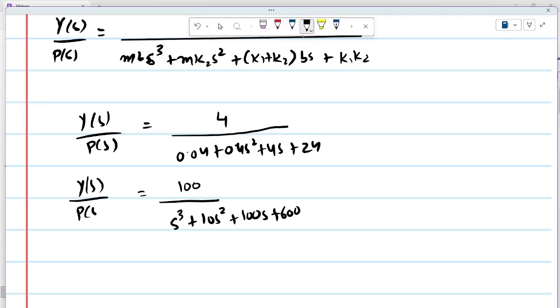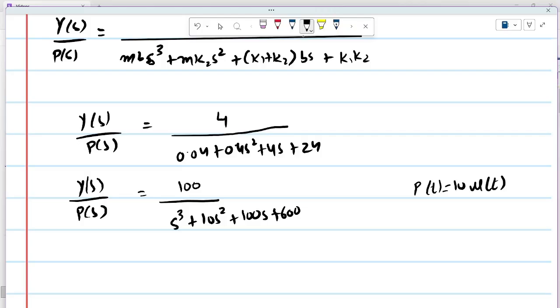And since our step force was 10 in magnitude, and we are keeping it in the Laplace domain as well, let's say P of t was equal to 10 times the unit step force, so that's 10 magnitude of step force.